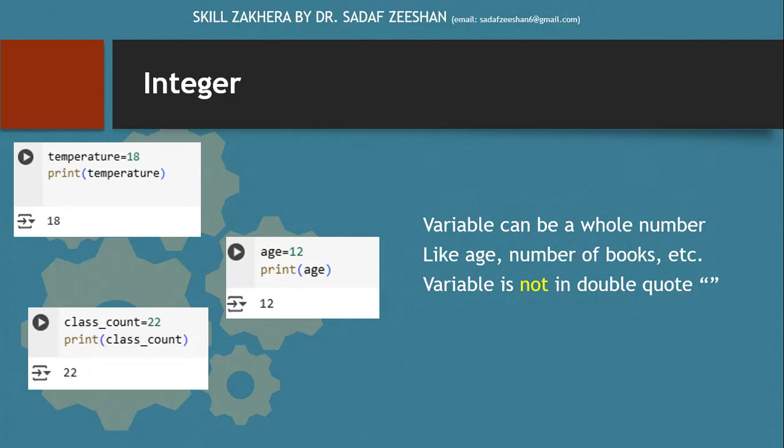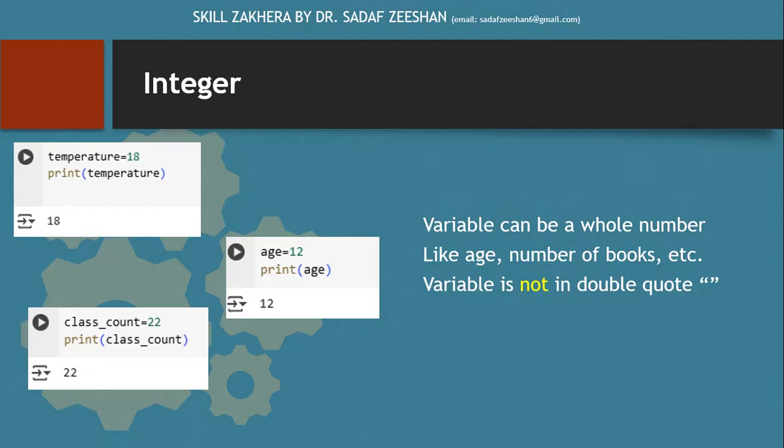For example, in the first example, temperature is equal to 18. When I print the variable temperature, it is going to display 18, which was assigned to that variable. Similarly, if age is equal to 12 and I print the variable age, it is going to display the same value that was assigned to that variable.